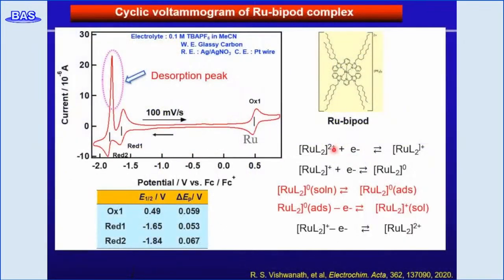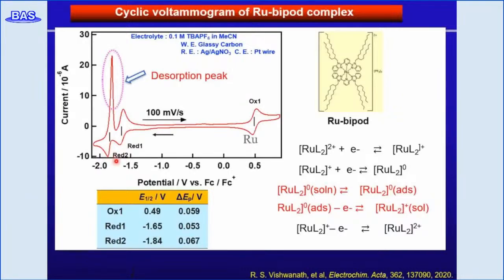I show one example of ruthenium bis-benzimidazole pyridine compound with longer alkyl chain than cations, abbreviated ruthenium DBPOD. The chemical structure is shown here. In acetonitrile solution with tetrabutylammonium hexafluorophosphate, the CV shows 1 reversible oxidation wave, OX1, and 2 reversible reduction waves, RD1 and RD2, with desorption sharp peaks.